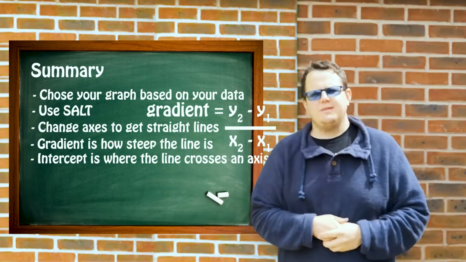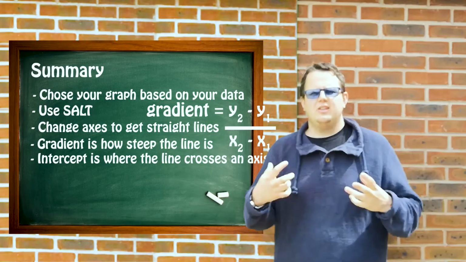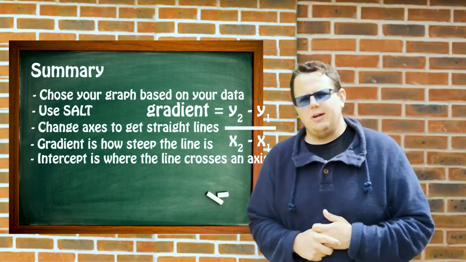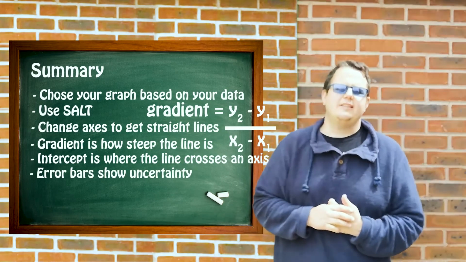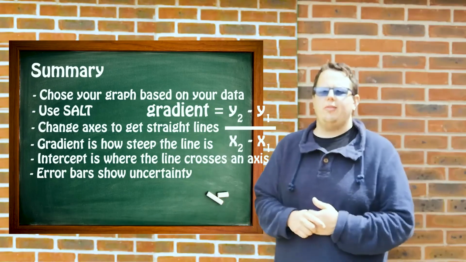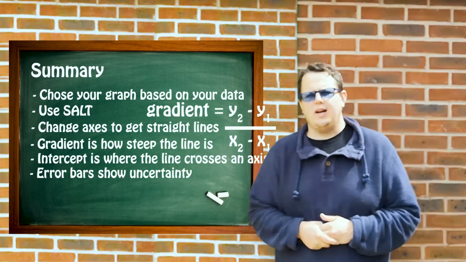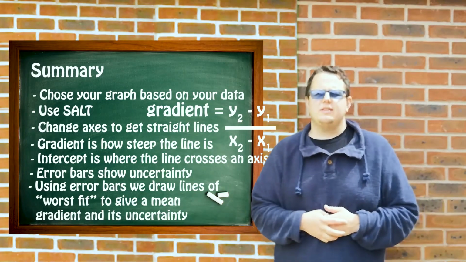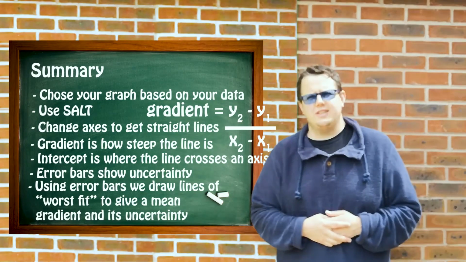The intercept is where the line of best fit crosses an axis. Error bars are plotted as the uncertainty of a measurement, and we can plot then the steepest and most gradual line. We use the mean of this for our gradient, and we use half the range for the uncertainty.